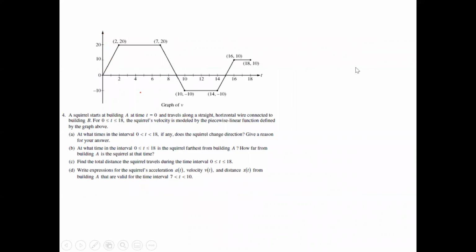Critical points are where your slope changes from positive to negative or negative to positive.